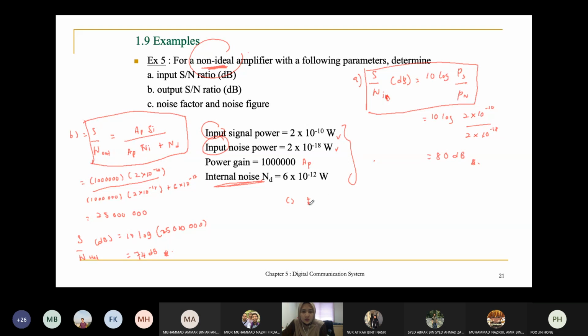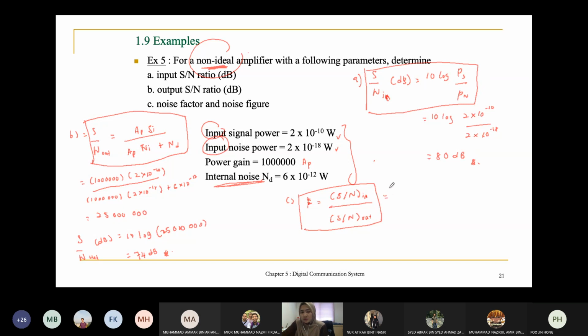So noise factor is F. F is equals to signal to noise ratio at the input divided by signal to noise ratio at the output. This is the formula for the noise factor.